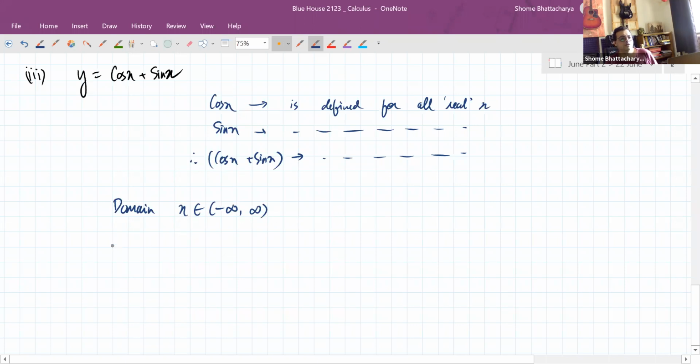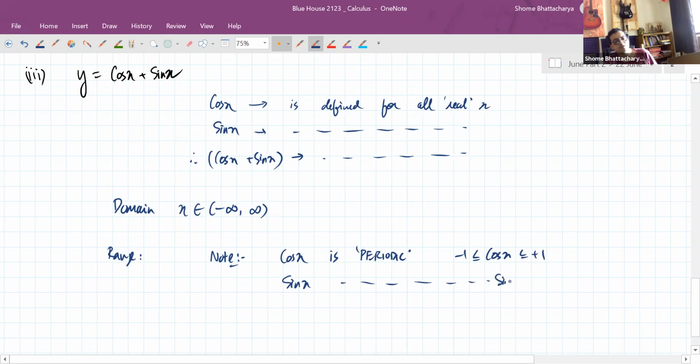But about range, what we can understand is that cos x is periodic, and it ranges between -1 and +1. Sin x is also periodic and it also ranges between -1 and +1. So therefore, y will also be periodic.